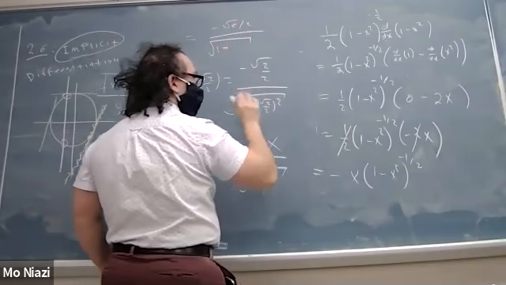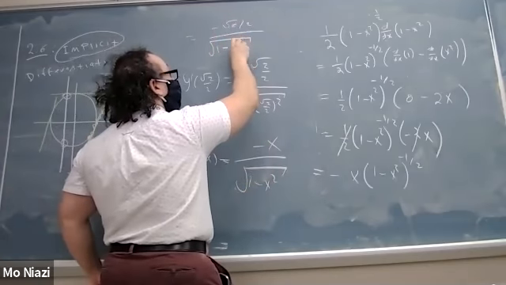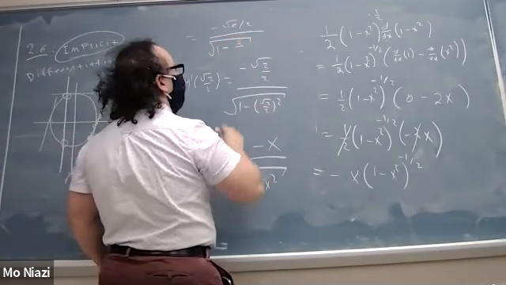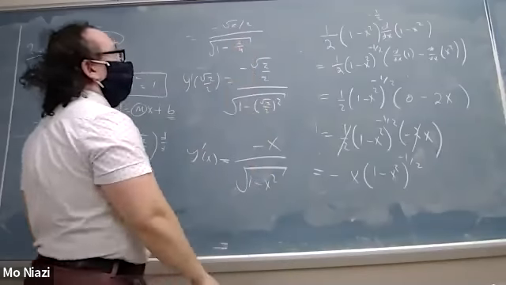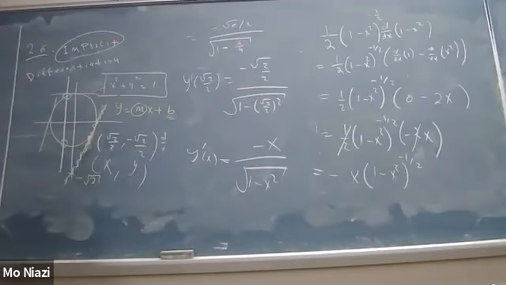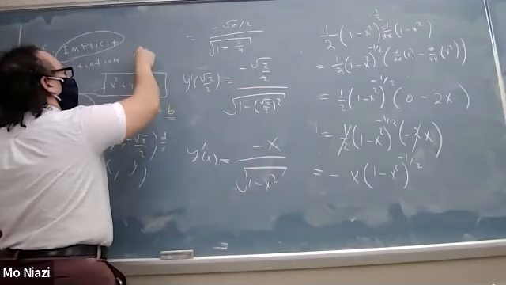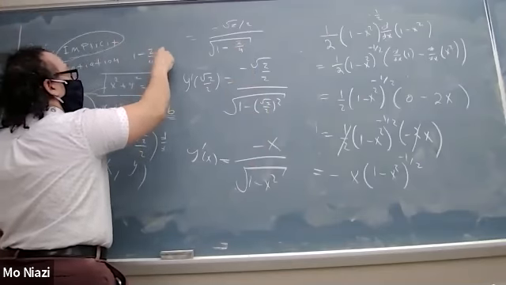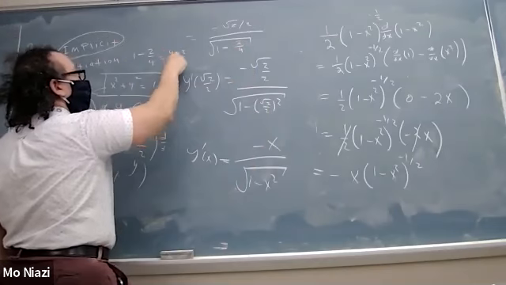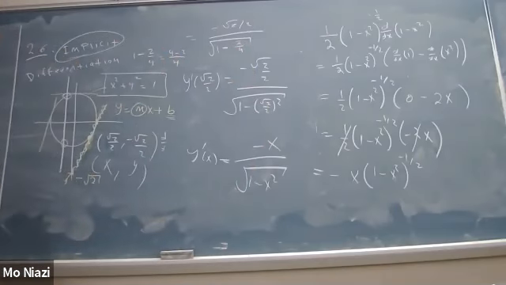The square travels to the 2, which squares it, which gives us a 2. It travels to this, and it makes it a 4. Okay. 1 minus 2/4. When you give them a common denominator, this is 4 minus 2 all over 4. So now you just get 2 over 4, which is a 1/2.